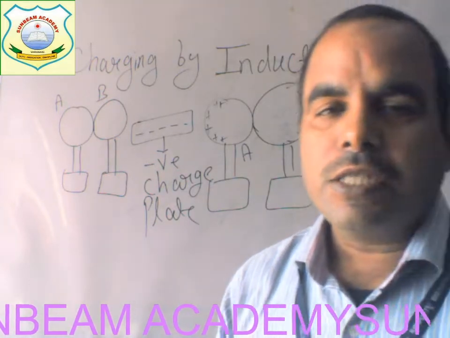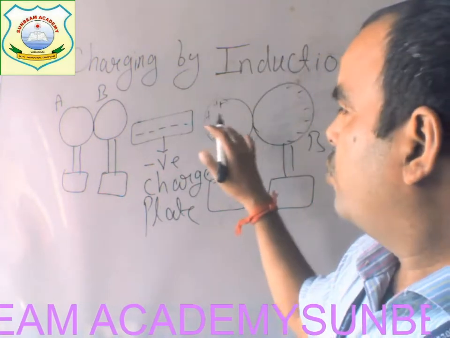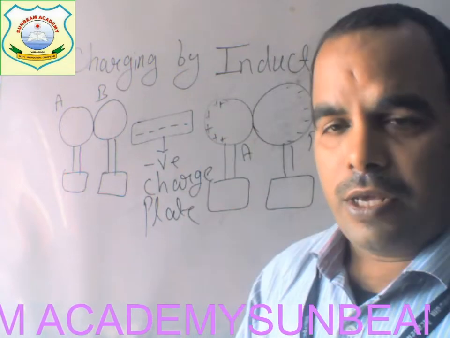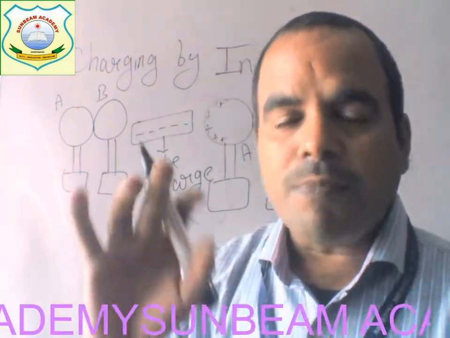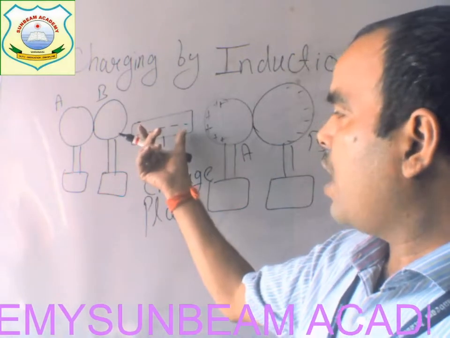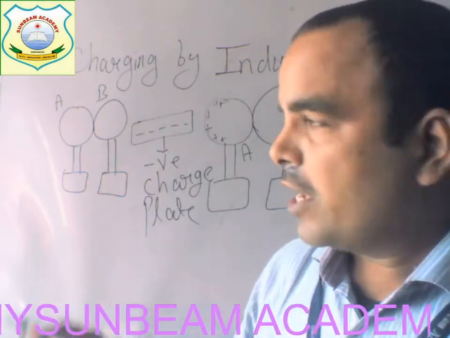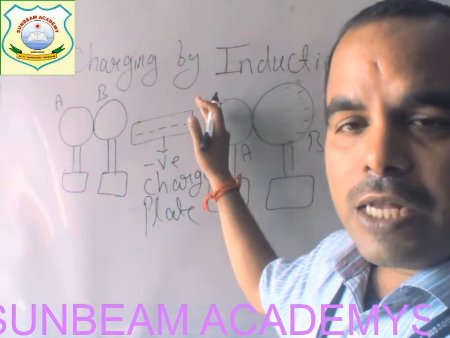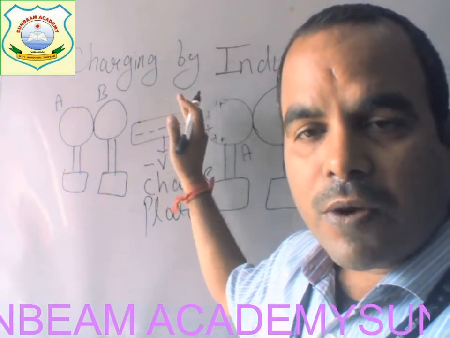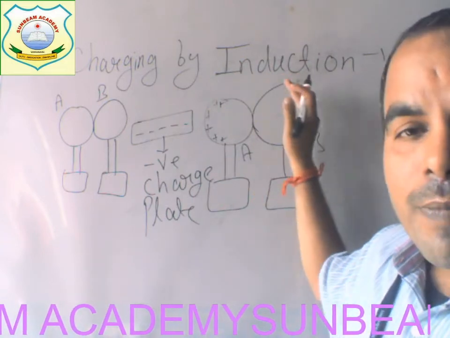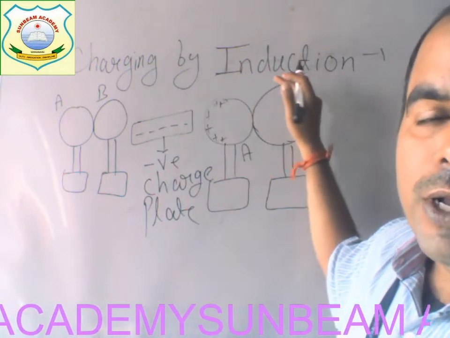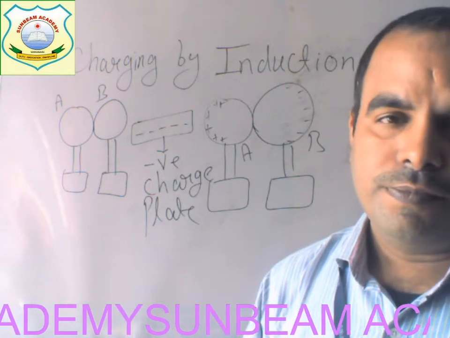Please try to understand, in spheres A and B, positive and negative charges are available in a mixed form. When we put our negative plate here, it will attract the positive charges, and the positive charges will come to one side of sphere A, and the negative charges will be repelled by the negative plate, so they will go to the other side.